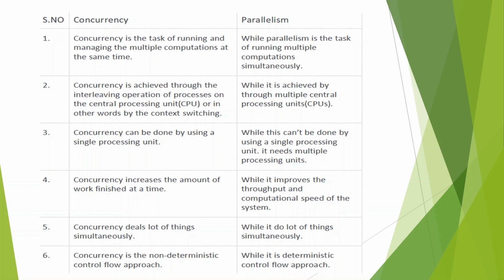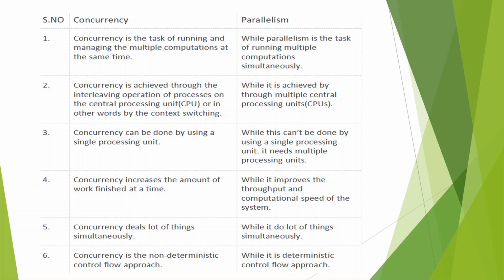The processor will send one process to wait state and will take another process into the running queue, usually because of some system calls, input output calls and so on. So this is what happens in concurrency.